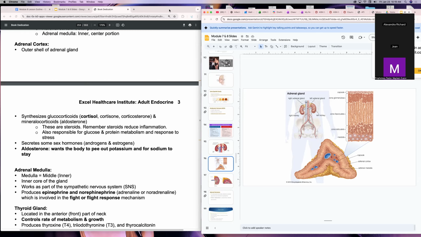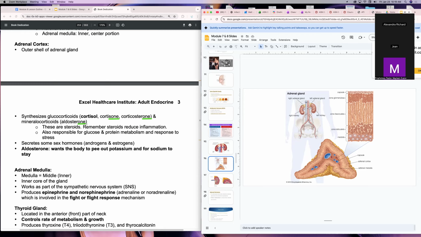One thing to keep in mind is that anytime something ends in "-one" or "-sone", it's usually a steroid, okay? So cortisone, corticosteroid, aldosterone, betamethasone.